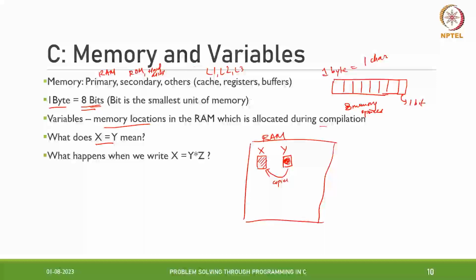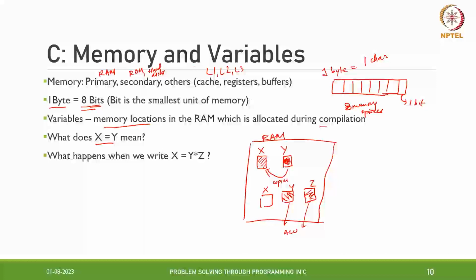Okay, now what happens when I write x equals y into z? Say you have some x, some y, and some z. It will access the memory location of y and take the value, then access the memory location of z and take the value, and send both to the ALU.